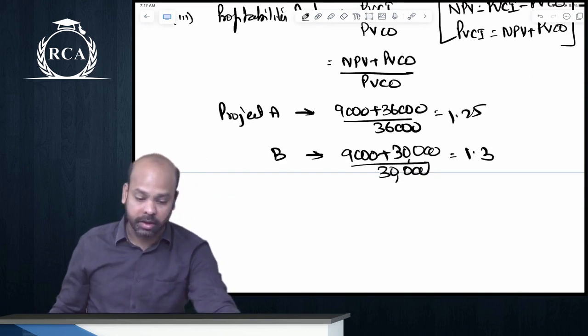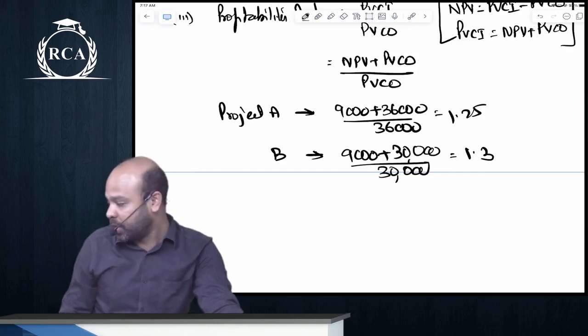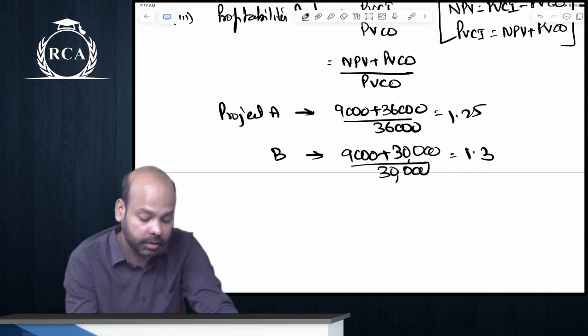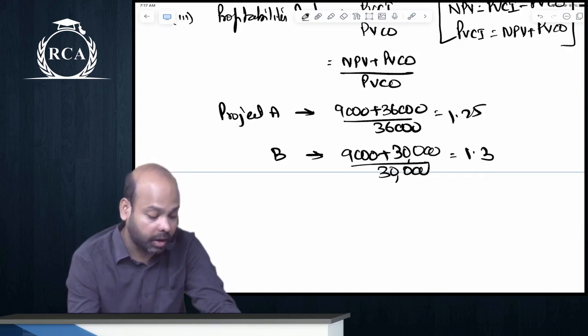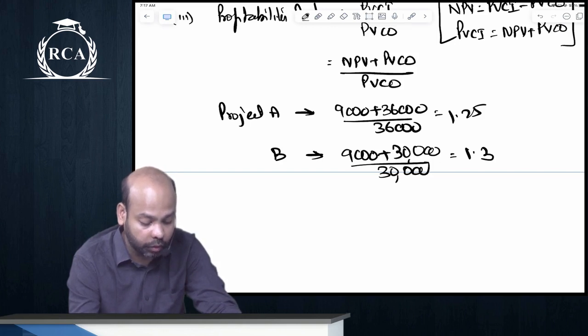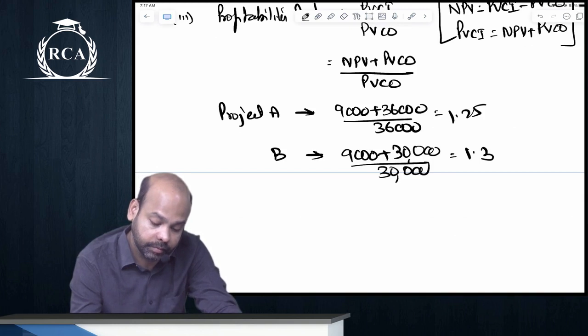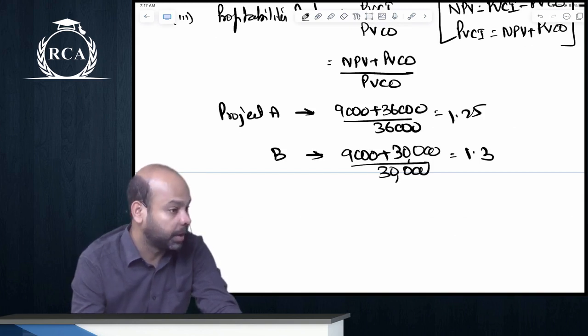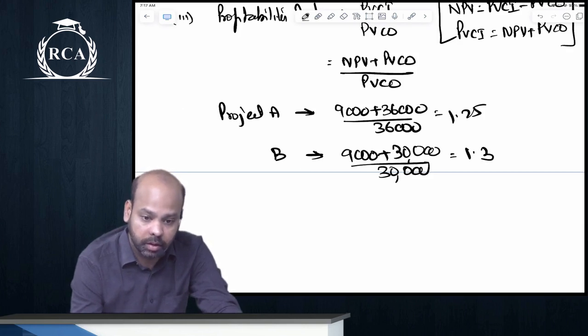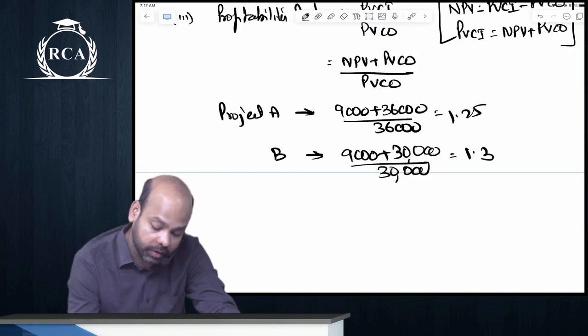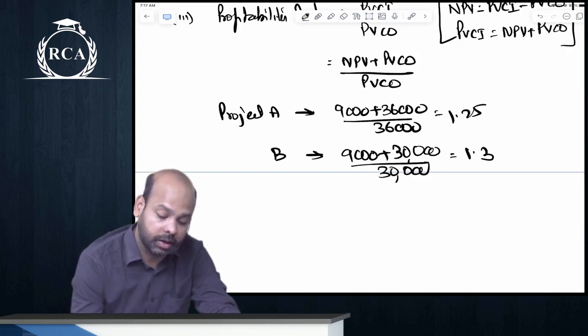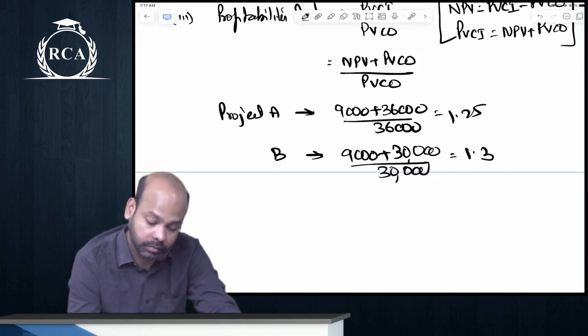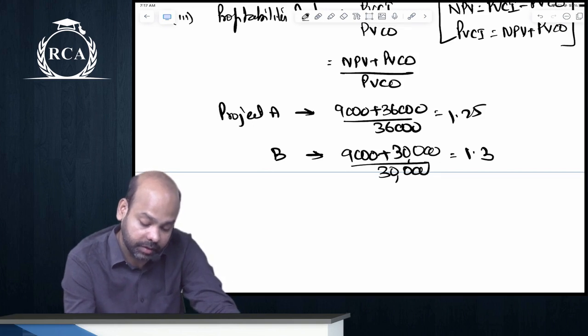Project B should be selected as it requires a lower investment, has the same NPV as A, and has a lower standard deviation, that is risk.